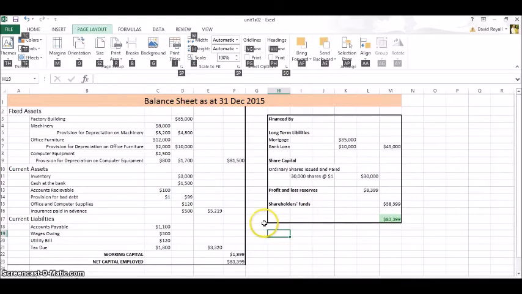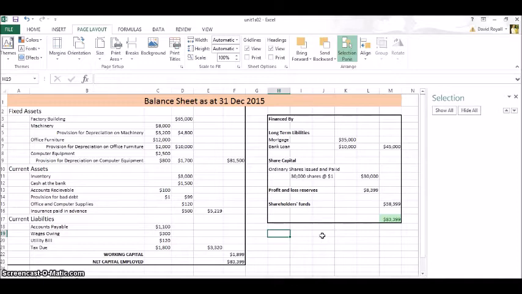What we're going to look at now is do some playing around with the balance sheet. Let's begin with what was explained in the unit, the concept of capital gearing. Now I'm going to enter into cell H19 the words capital gearing.